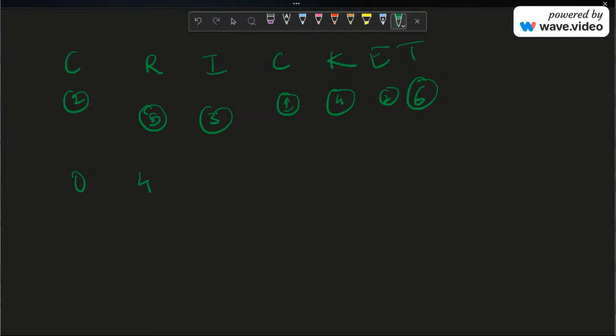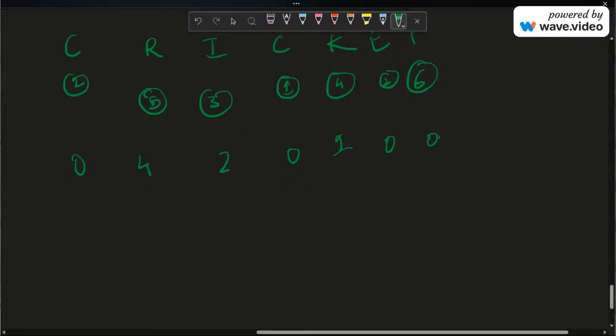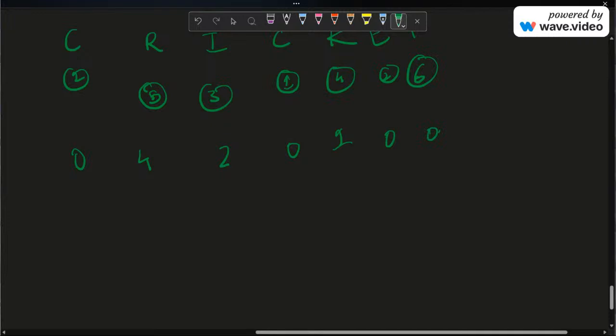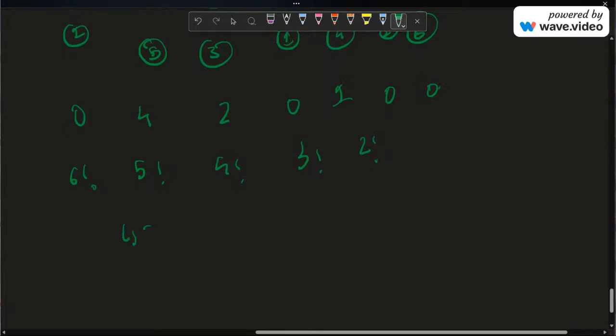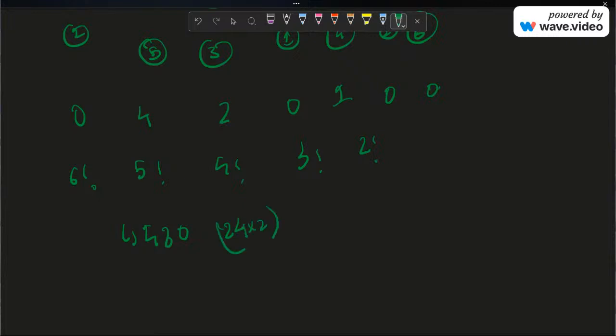Four greater numbers here. 24 into 2, 12.